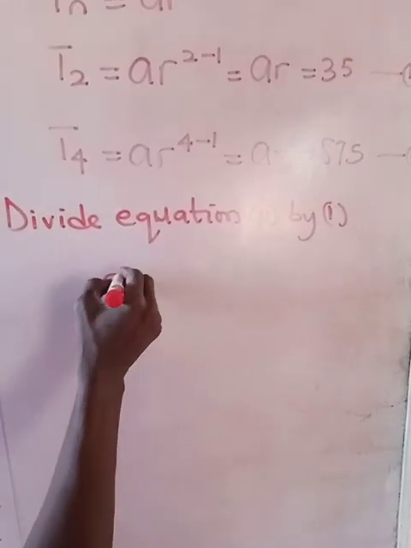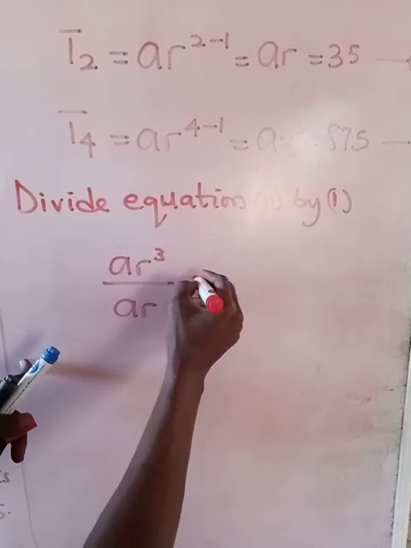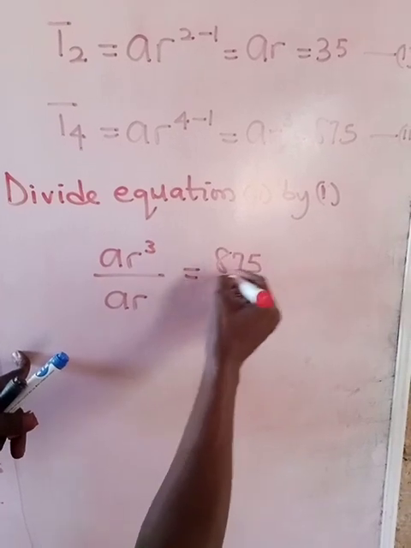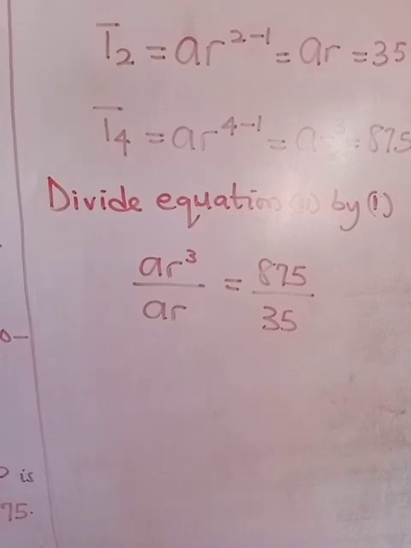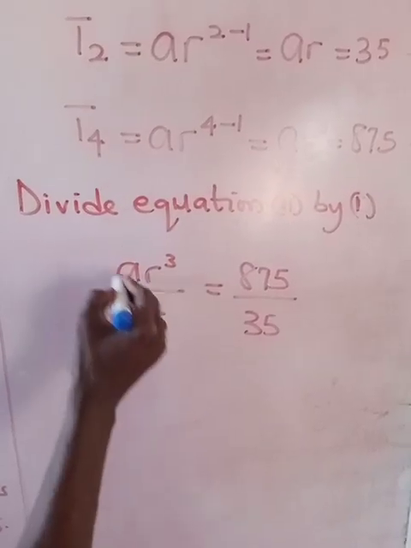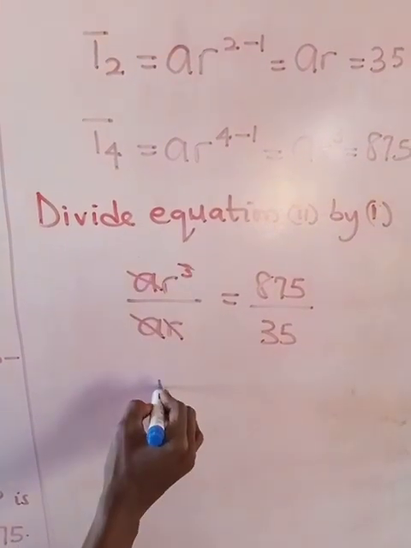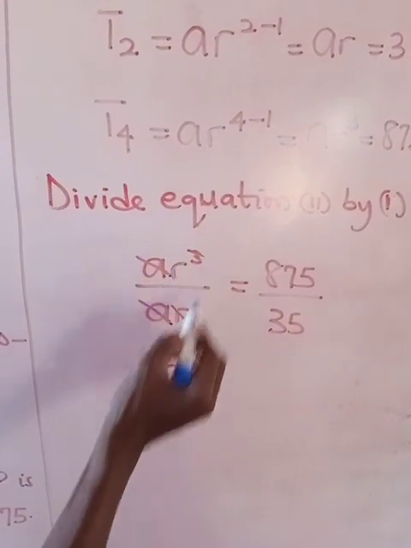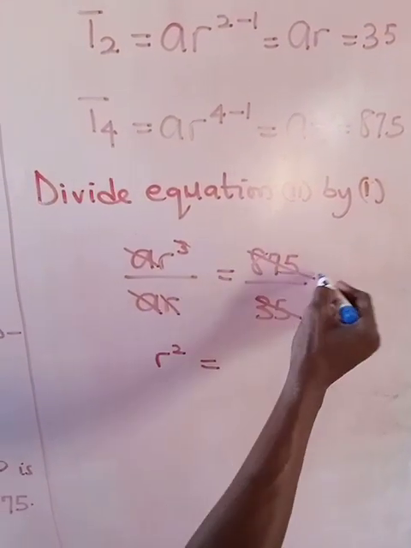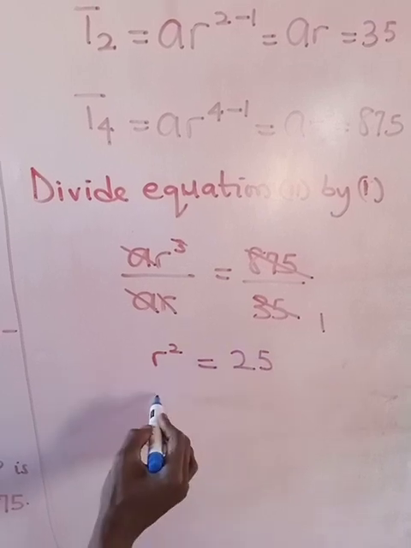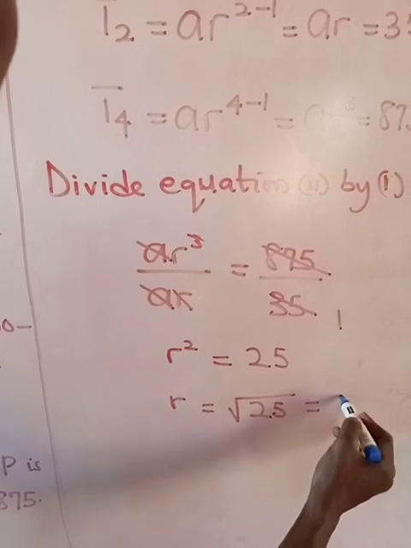That will be AR cubed divided by AR equals 875 divided by 35. So A cancels A, and you have R squared. 35 into 875 gives 25. So R is the square root of 25, and so R is 5.